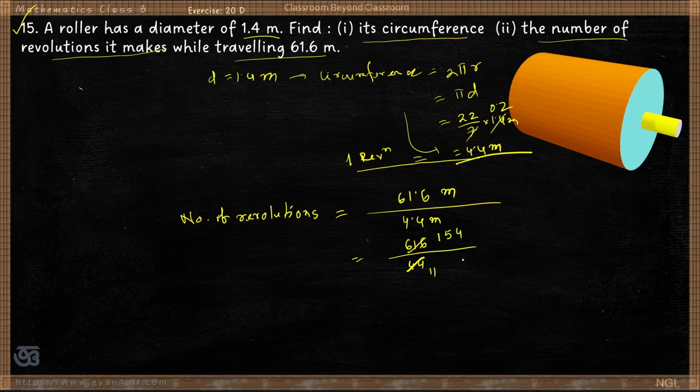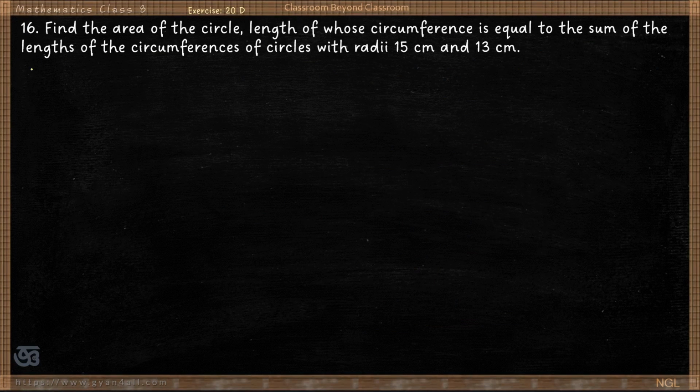And 4 4s are 16. Now 11 1s are 11 and 11 4s are 44. So this is equal to 14 revolutions. So during this travel, the roller revolved 14 times, or there are 14 revolutions to travel this distance.